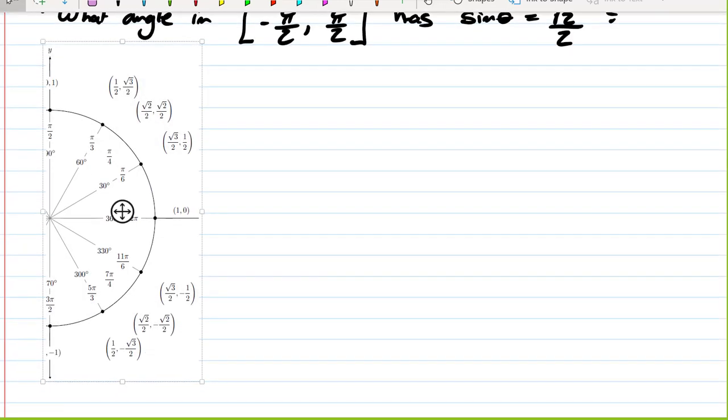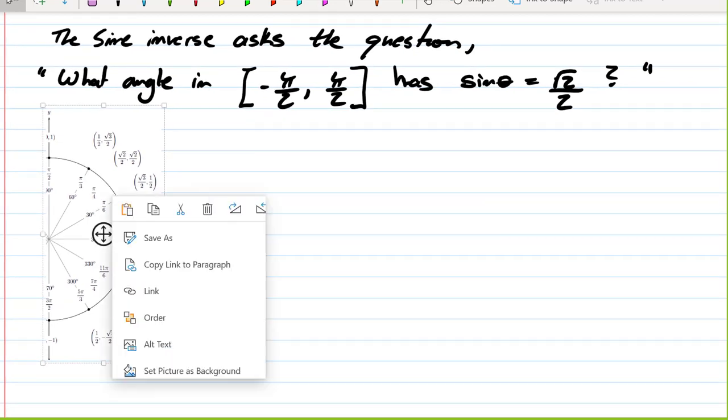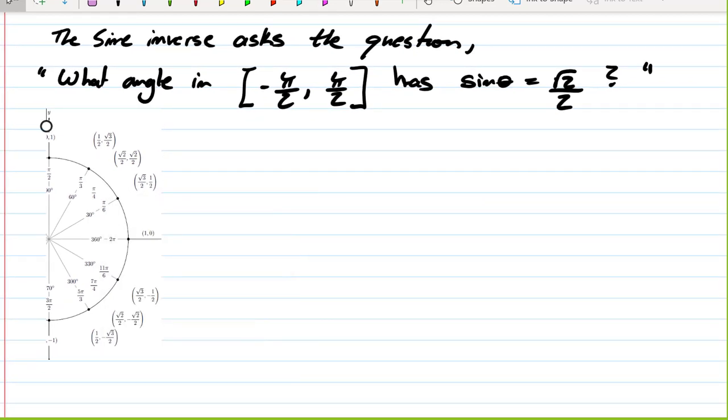Sine is the y-coordinate, so we know that sine theta equals y.